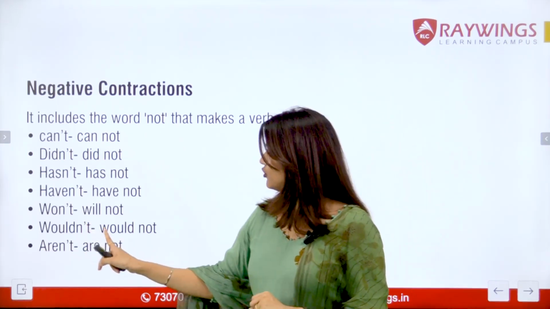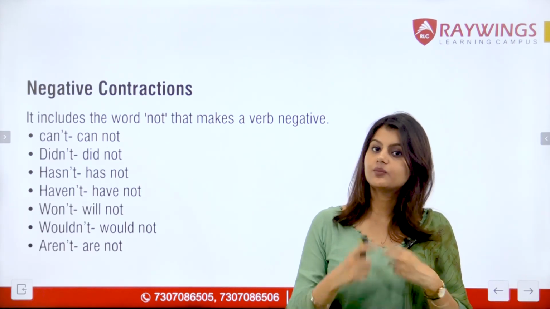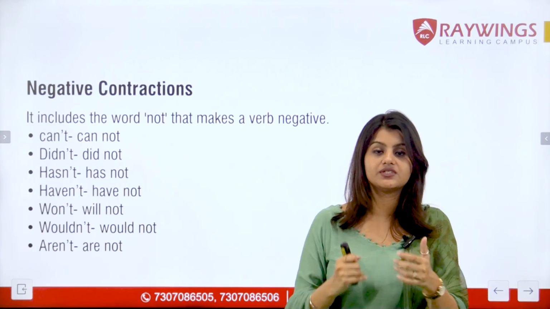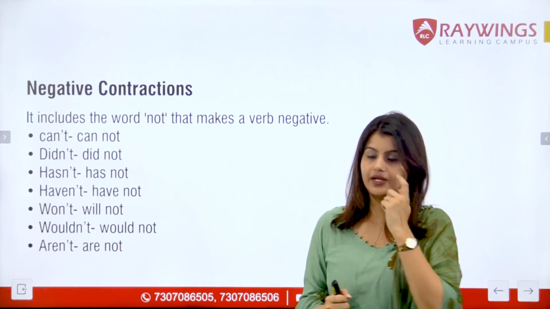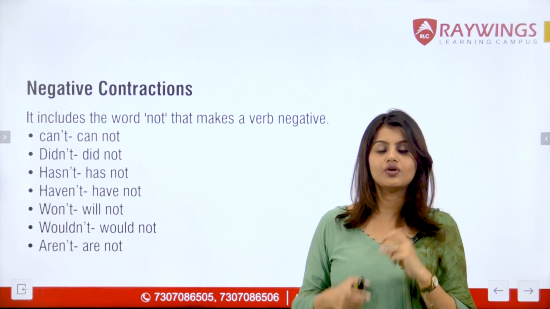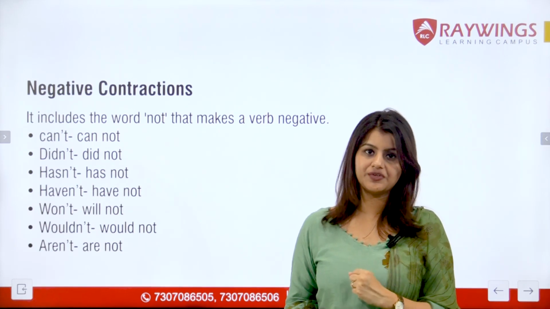Then would not, it will be wouldn't. आप इसको तब प्रोनाउंस wouldn't, would not नहीं करेंगे, आप n का साउंड नहीं रखेंगे. You say wouldn't, right? Then also are not, aren't. आप इसको aren't नहीं बोलेंगे, you say aren't. Aren't is the correct pronunciation.